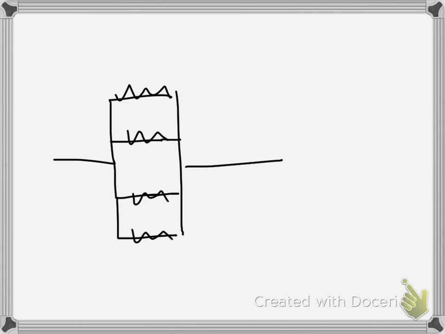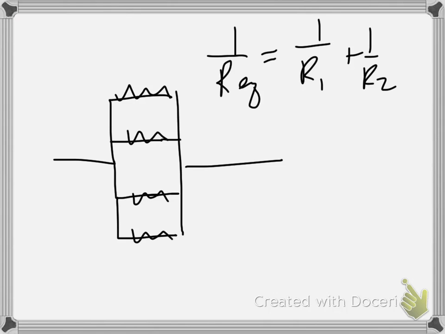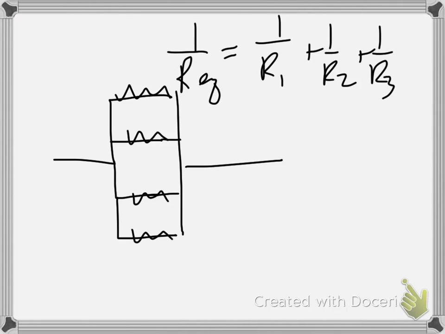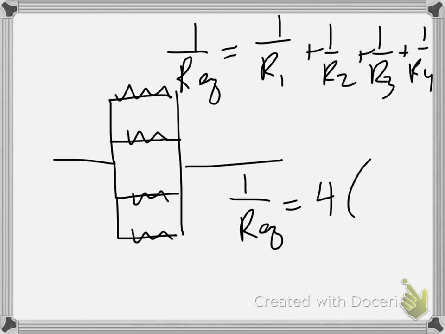Of course you can. 1 over R equivalent equals 1 over R1 plus 1 over R2 plus 1 over R3 plus 1 over R4. But if those are identical, that's actually just 1 over R equivalent equals 4 times 1 over R1. Because if they're identical, it's just that.